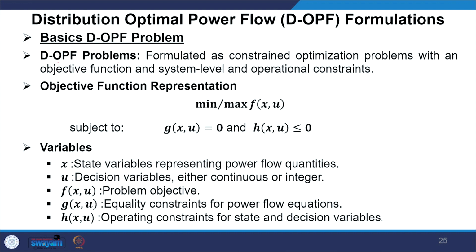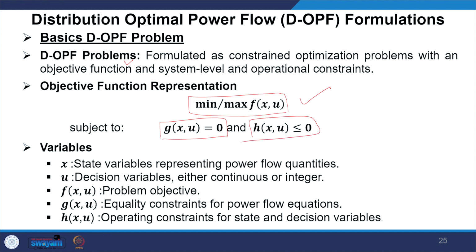The D-OPF problem is formulated as a constrained optimization problem with an objective function and system level operational constraints. So, first of all, you will have the objective function, which is minimization or maximization of a specific objective, with equality constraint G(x,u) equal to 0 and inequality constraint H(x,u) less than or equal to 0.